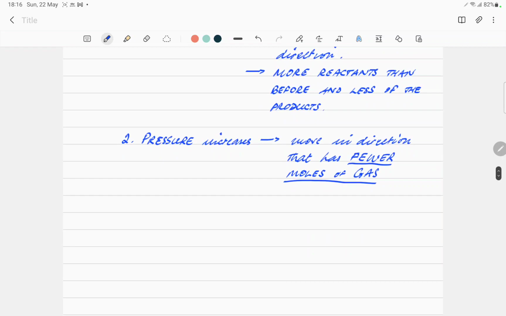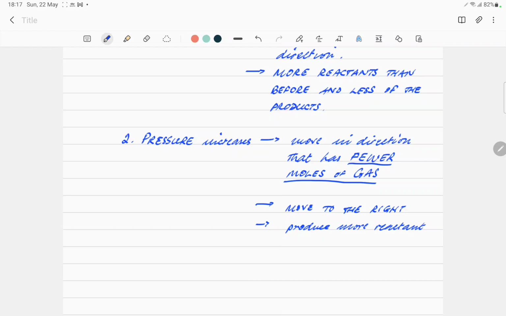So as a result, if you increase the pressure, this particular reaction is going to move to the right, and it will produce more of the products. All right. That is a standard rule.